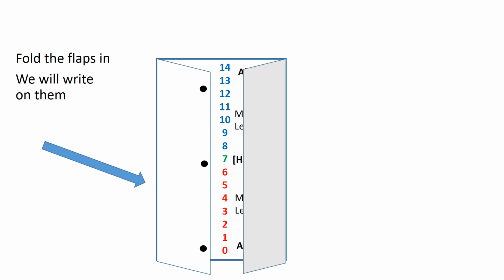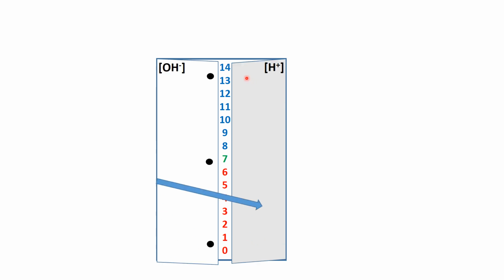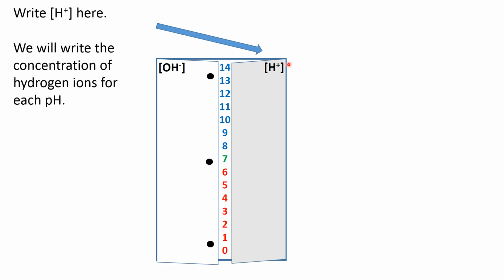Now we're going to close up our foldable, and we're going to write up in the upper part [H+] in square brackets, H plus ion, and hydroxide, [OH-], in square brackets. The square brackets have a meaning, and we've discussed it before, but the square brackets, when read aloud, essentially mean the concentration of.